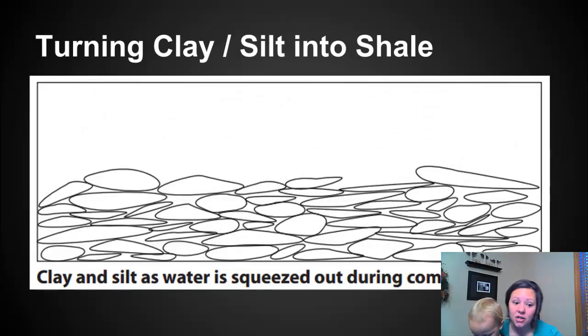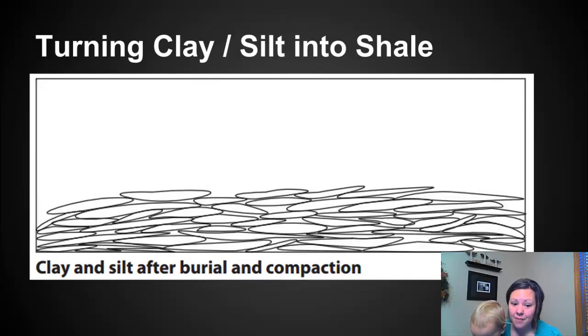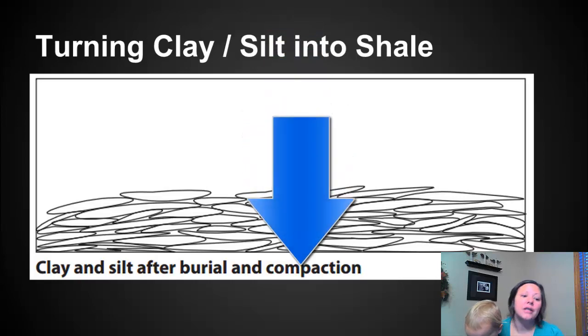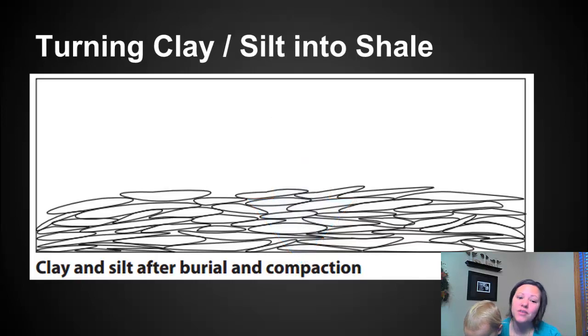As it deposits and gets piled on top of one another, it starts to compact them, and the space gets smaller and smaller between those particles. That's where we make that shale. Now there is a glue in shale, but because the spaces are so small, there's very little glue or cementation actually occurring in this case. So compaction is more important in the making of shale.